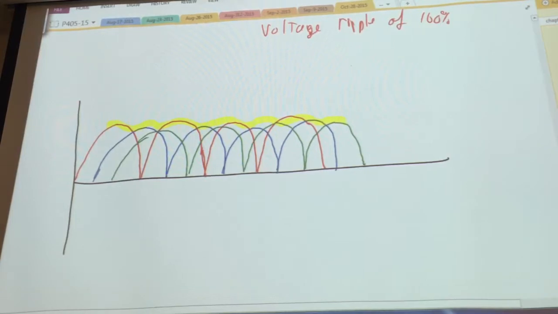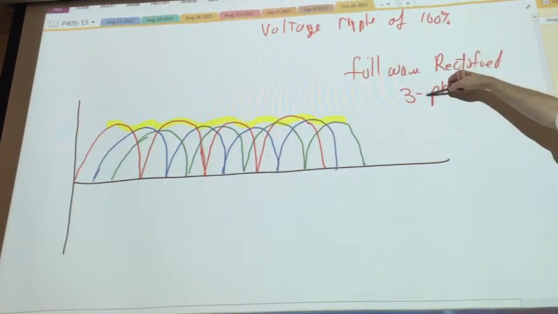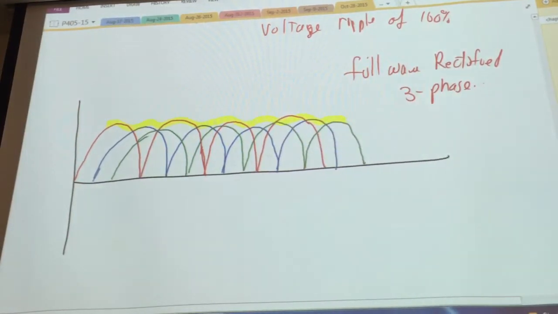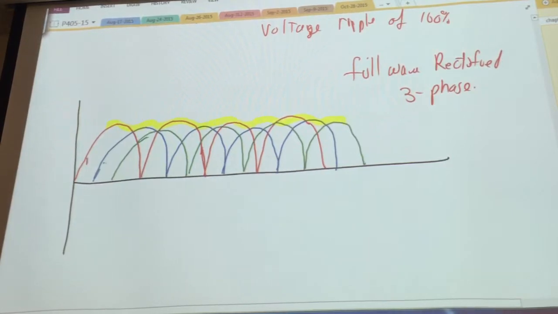So this is full wave, three-phase. The full wave you kind of get from the previous discussion. The three-phase has to do with the three of these. There's your first one, there's your second one, and there's your third one. That's why there's three phases in there. And you can see that it does make it a little bit smoother, well, considerably smoother.